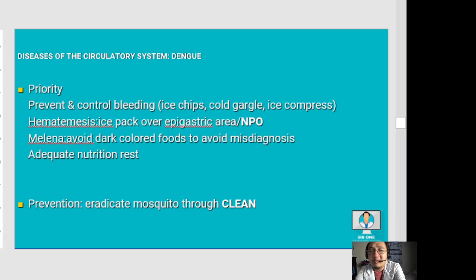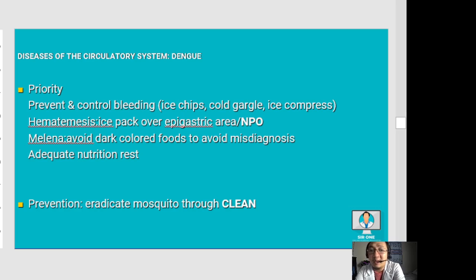Then adequate nutrition and also rest. Prevention is eradication of mosquitoes through the CLEAN technique. Speaking of mosquitoes, I have mentioned earlier that there should be good history taking.